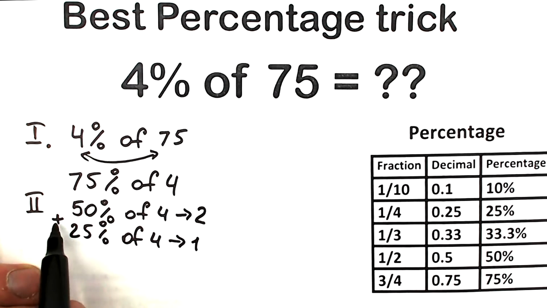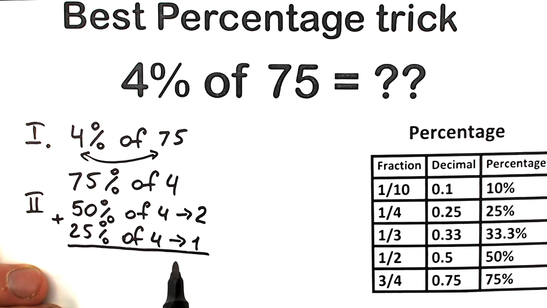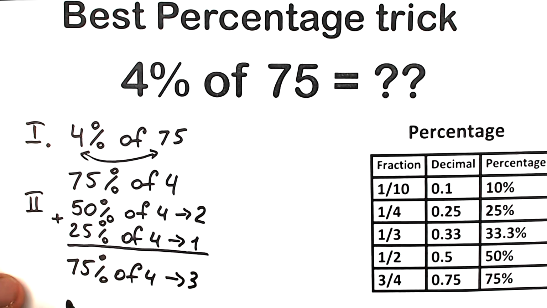We have addition right here. So if we add it, 75% of 4 equals 3, and of course it is the same as 4% of 75 equals 3 as well.